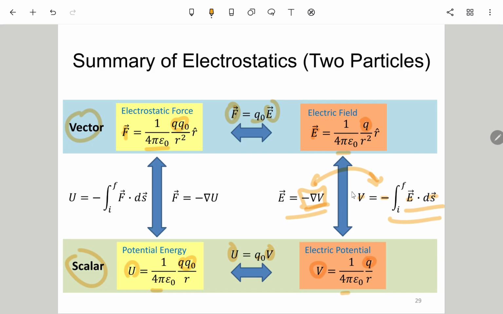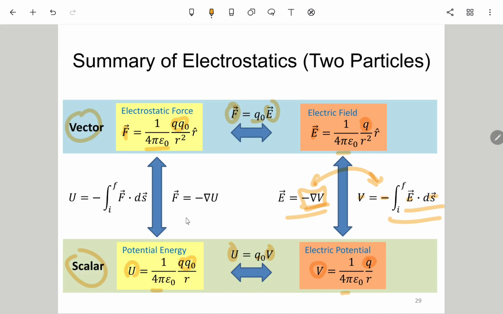So from here to there can be a derivative. Take the derivative of the V, but in high dimension it becomes the E field. R to the negative first power becomes negative second power.